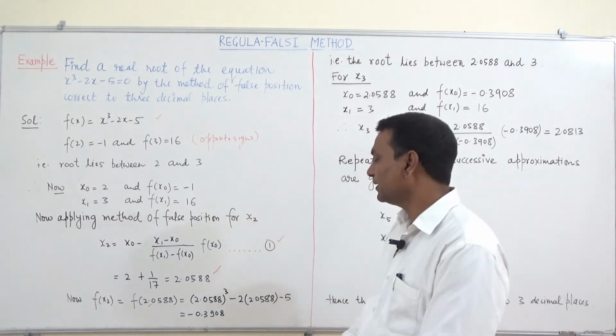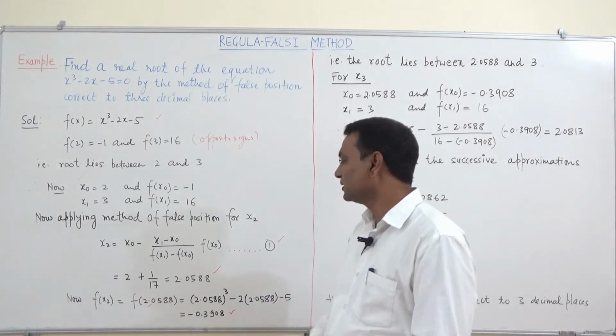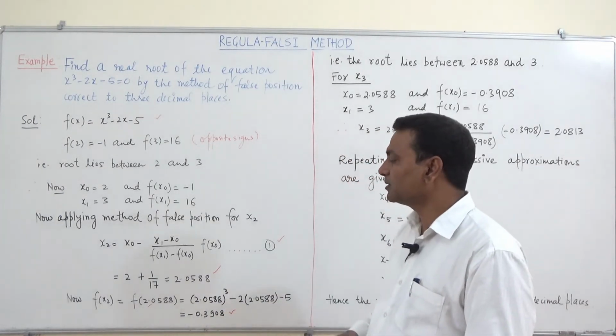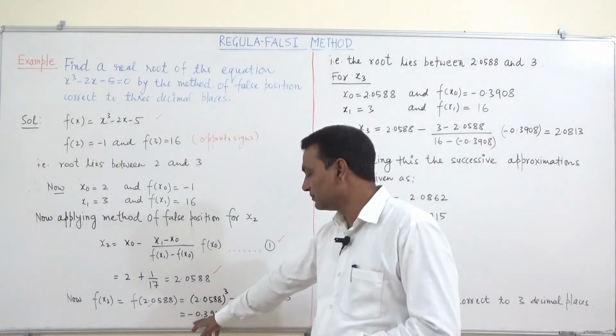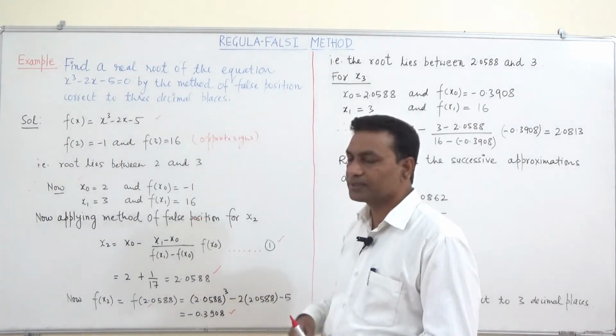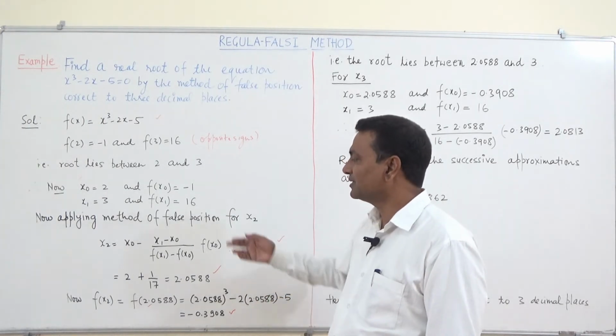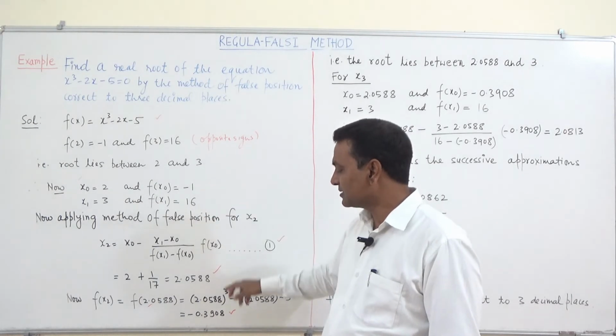It comes out to be minus 0.3908. Here it is to be noted that at f(x2) we are getting a minus sign, and at f(x1) we had a positive sign. It means the next approximation will lie between this value and this value.